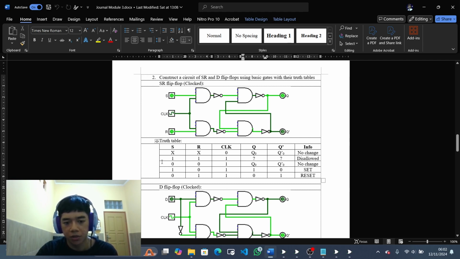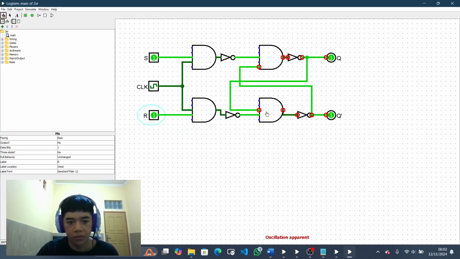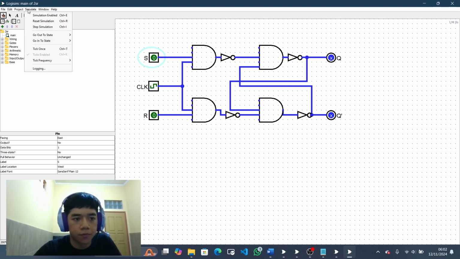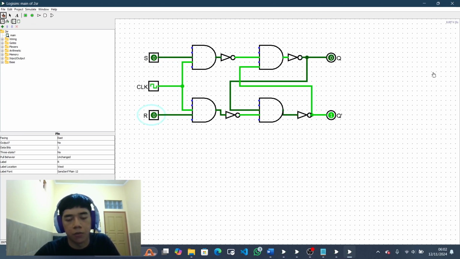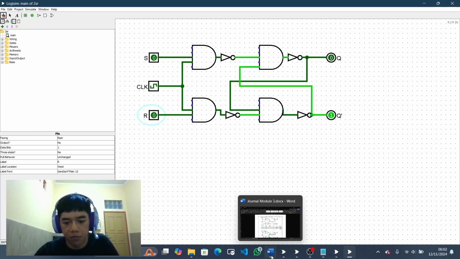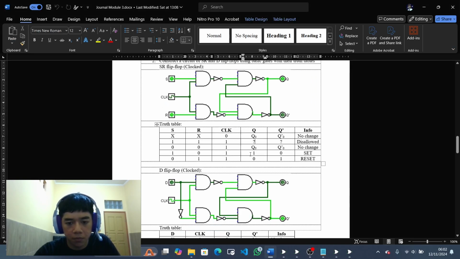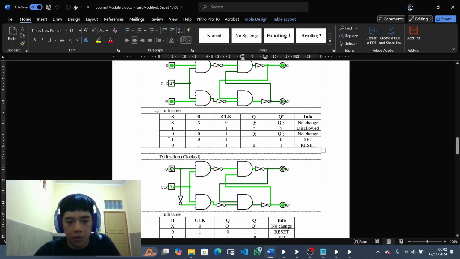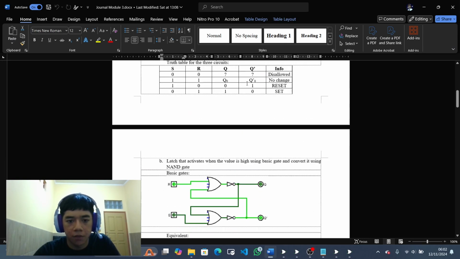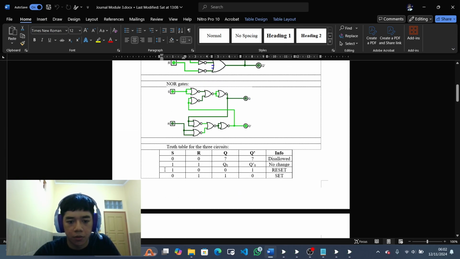So yeah, I've got to reset it. Got to enable it. Simulation enabled. And there we go. It's not going to change. And the other ones are the same, just like the ones here.